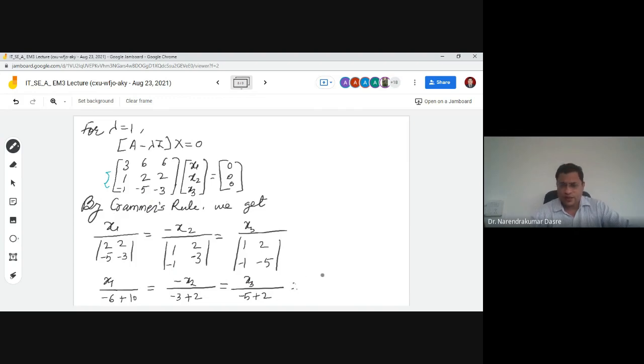So you can see what we are able to get is x1 by 4 is equal to, this is going to be minus 1, so already we have minus, x2 by 1, and x3 by minus 3. So this way we got x1, x2 and x3.